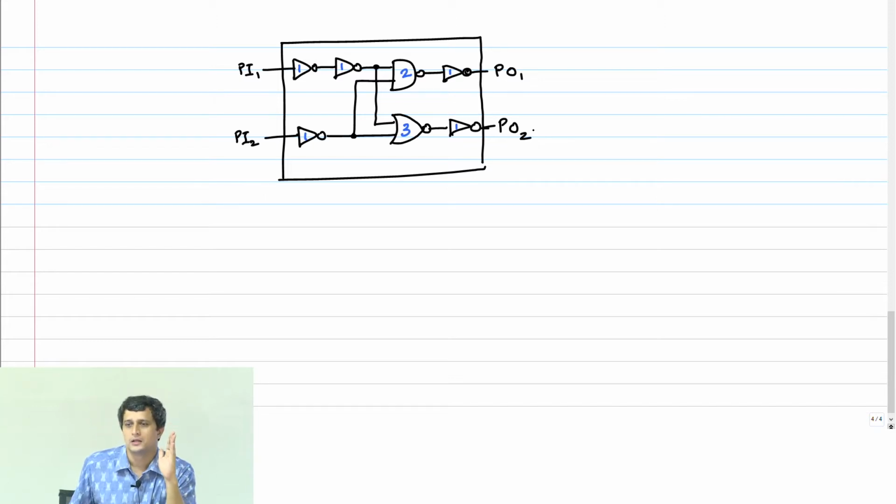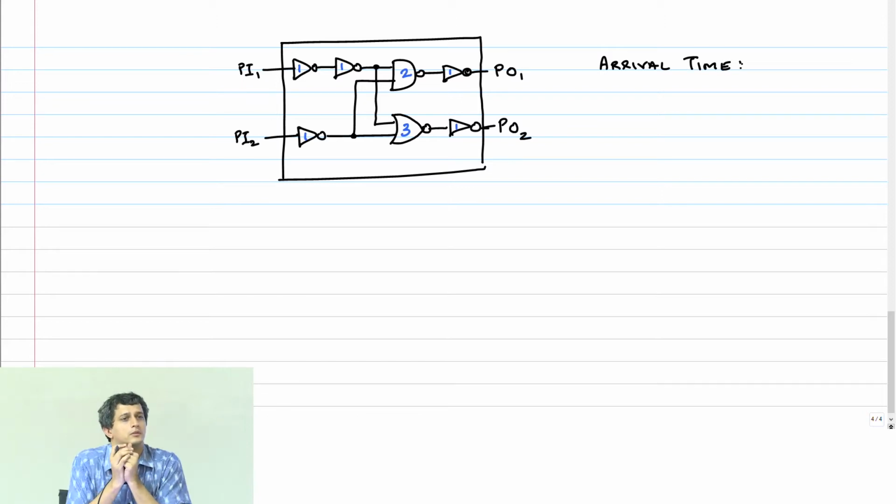We define something known as an arrival time. Arrival time is basically the time at which the output of that gate will be stable. The minimum time after which the output of that gate will be stable.